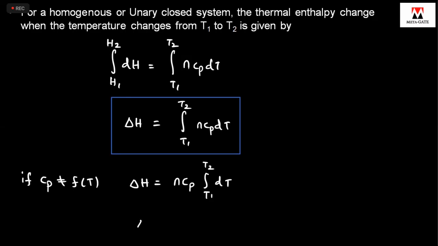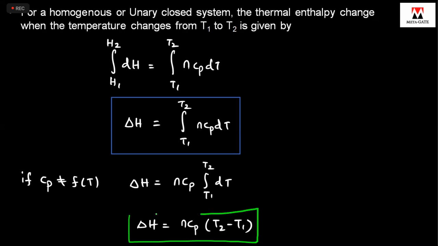So delta H is equal to NCp (T2 minus T1). Please remember that always the temperature should be in Kelvin scale.